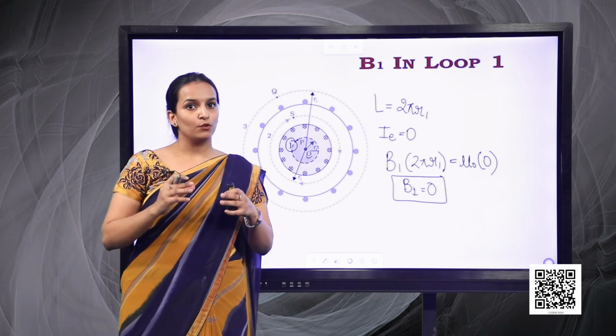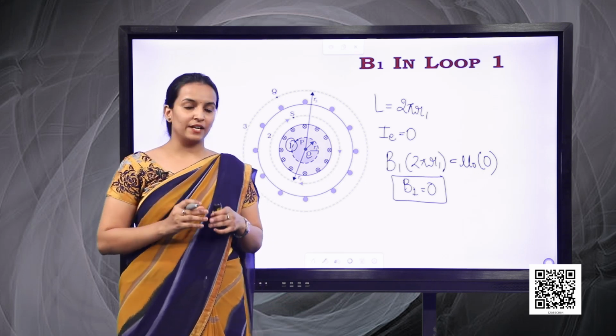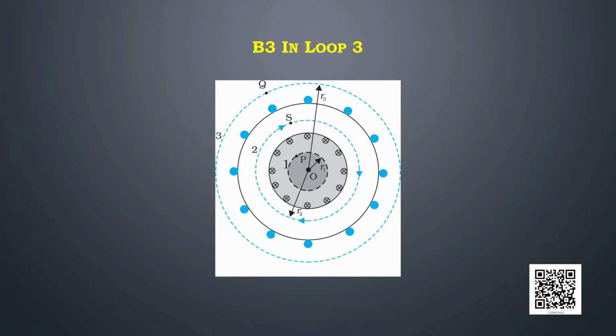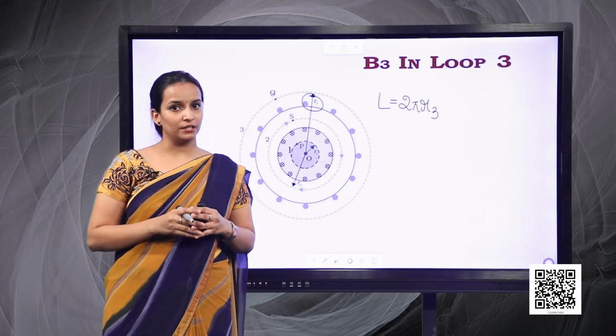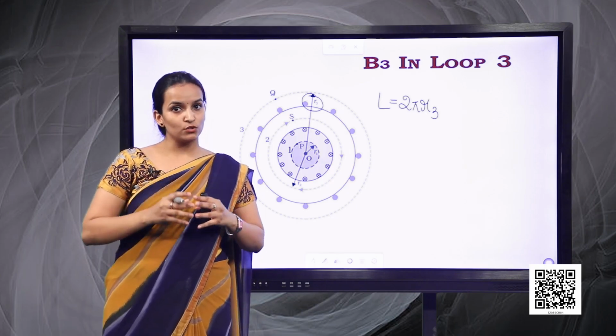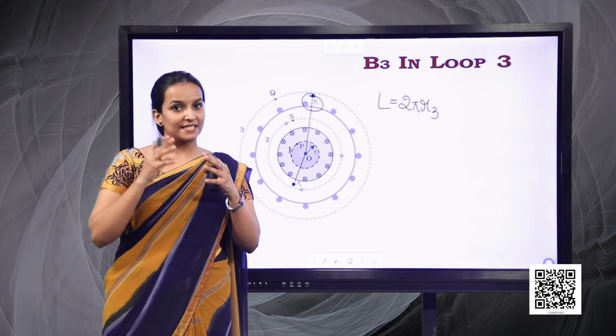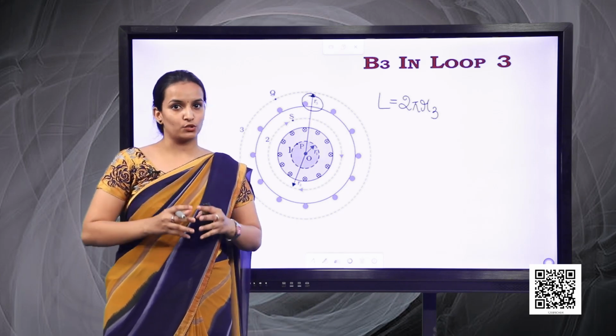Moving forward, we will find the magnetic field at Q. Let the magnetic field along loop 3 be B3. Here L will be given by the circumference of the circle, which has radius r3. As we have discussed earlier, the current coming out of the plane is cancelled exactly by the current going into the plane.